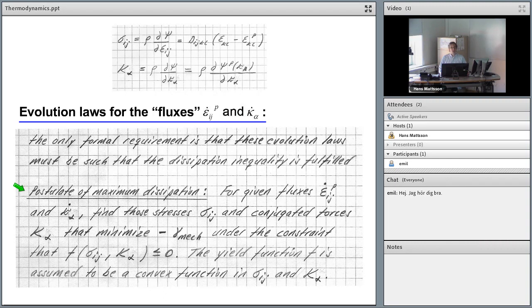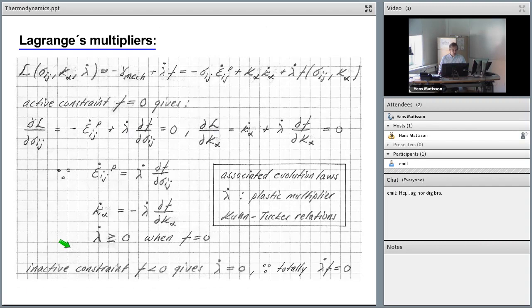You remember Lagrange multipliers. That is what we can use for this minimization problem here, because we have a constraint. You remember that Lagrange multipliers we could use when we have constraints, and our constraint here is that the yield function should be smaller or equal to 0. So we use Lagrange multipliers.